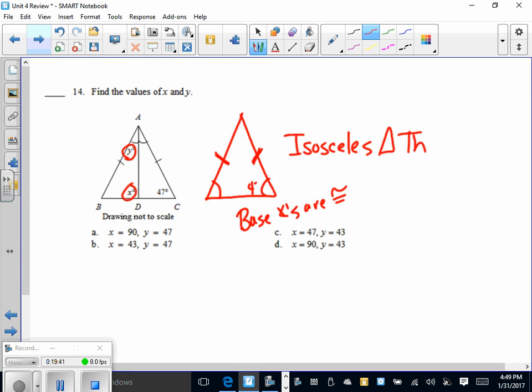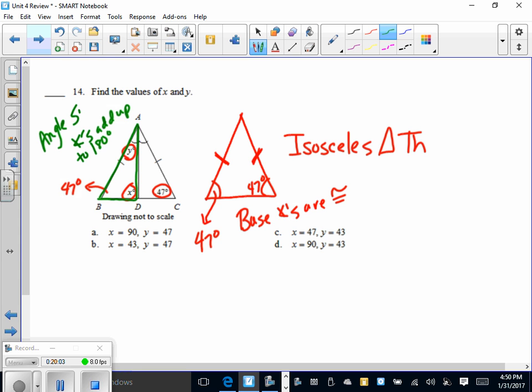So if this angle is 47 degrees, then this angle right here is 47 degrees. So that means if this is 47, then this angle is also 47. Then, I know in this triangle right here, the angles add up to 180 degrees, called the angle sum theorem.